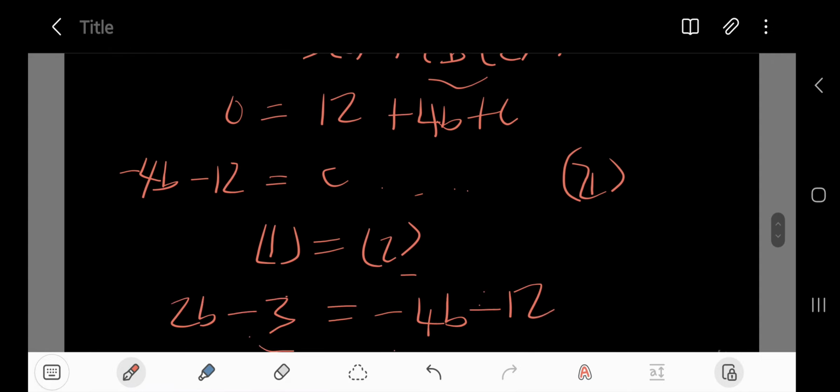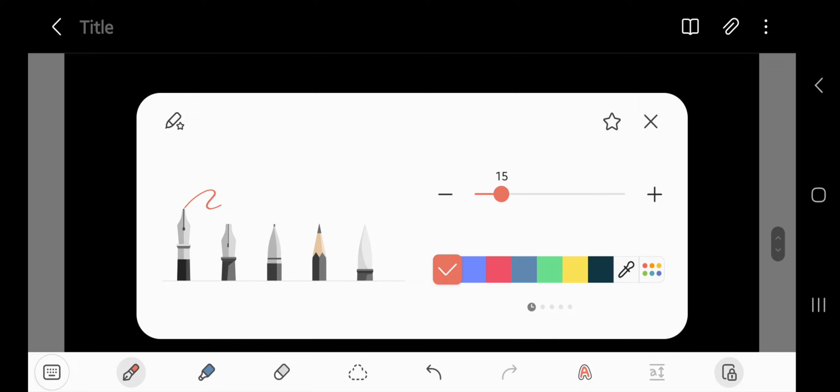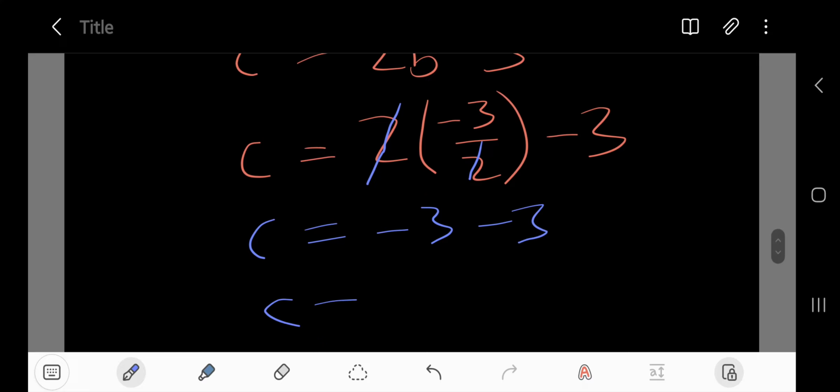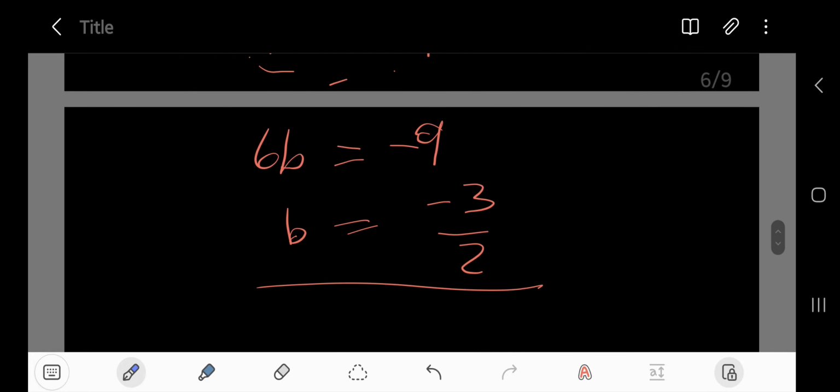If we do this manually, this will cancel that. Therefore we would have c is equal to minus 3 minus 3, which means c is equal to minus 6.